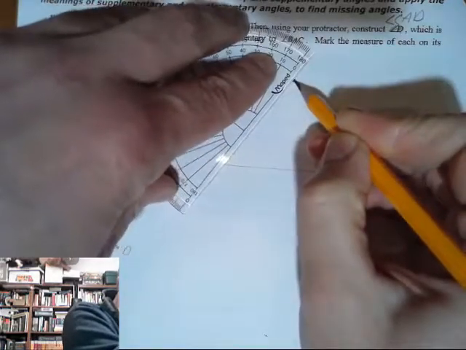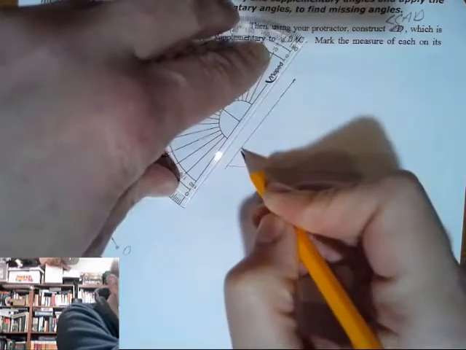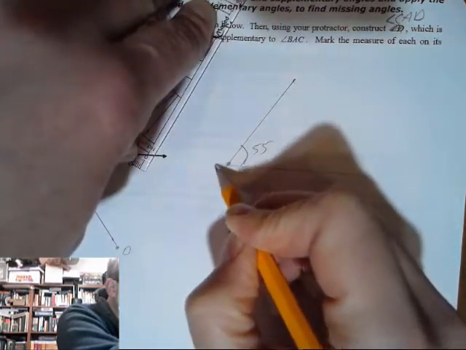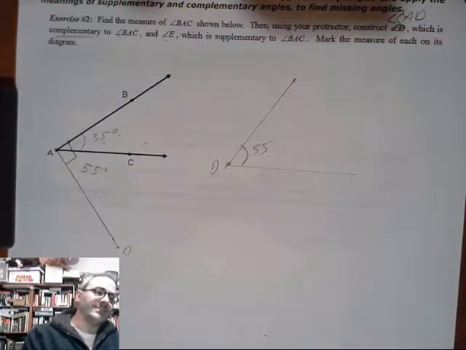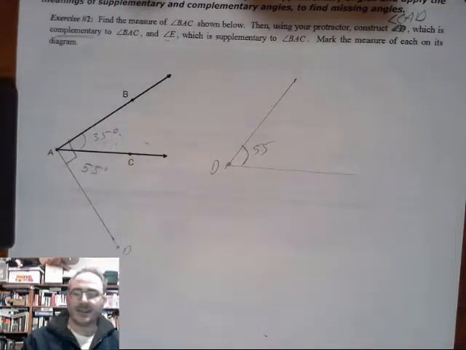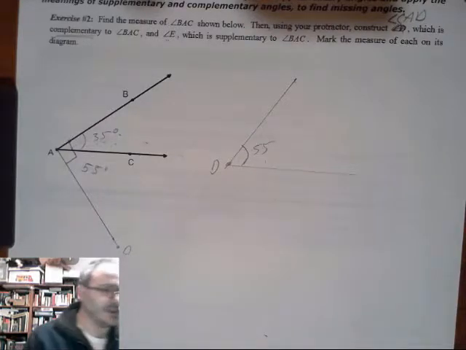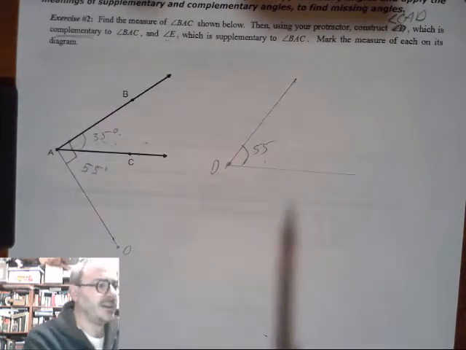I connect the vertex I chose to my 55-degree arc mark. There is 55, and I just call this point D. And now I've constructed angle D, which is 55 degrees, which is complementary to 35, because 35 plus 55 would be 90.